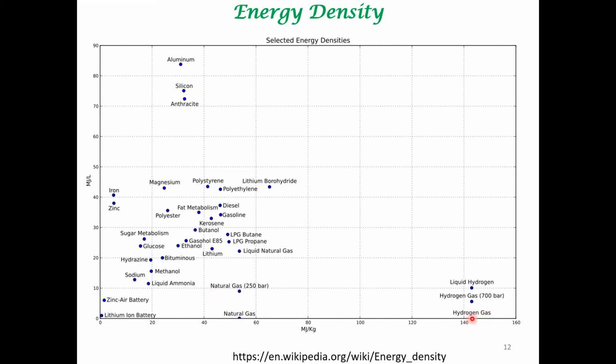It has very high energy density per unit mass, but the challenge is that hydrogen is a gas. How do you store it is very difficult. It's a big challenge. Even though the energy density per unit mass of hydrogen is very high, per unit volume it is very low. It's almost like that of a battery.